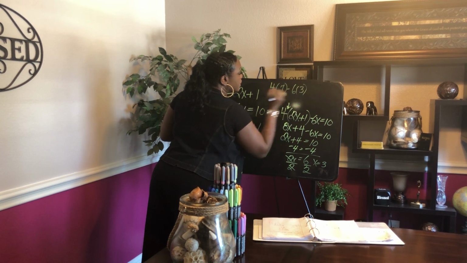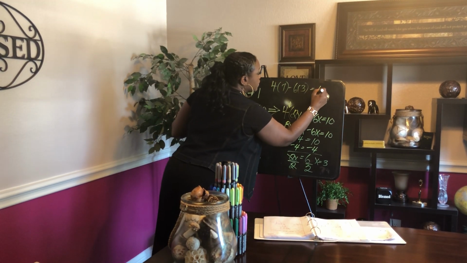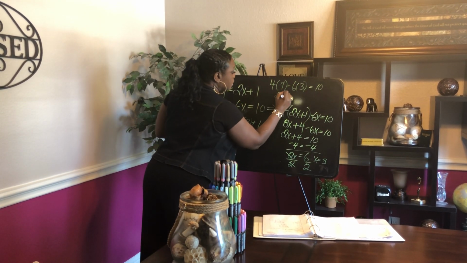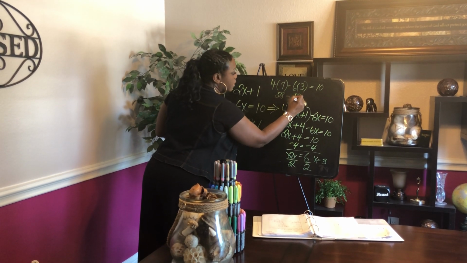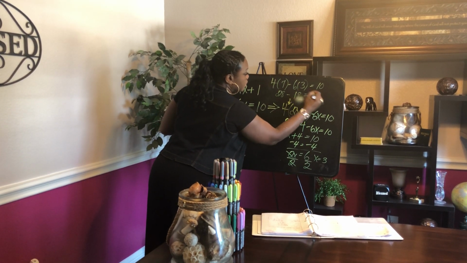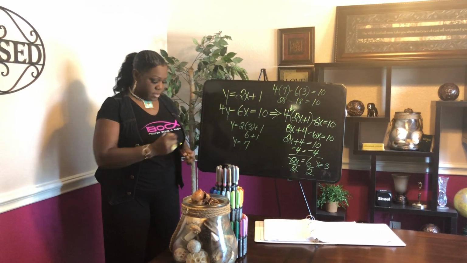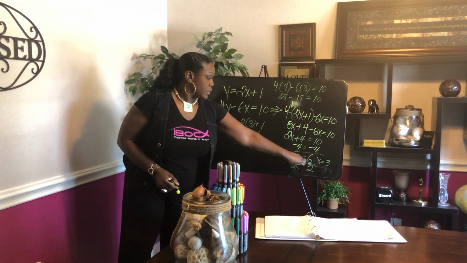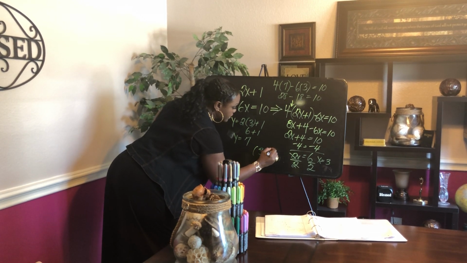Remember, we don't have a symbol of operation. 4 times 7 is 28, minus 6 times 3, which is 18. Your answer is 10. So we know that if we were graphing on a line, your coordinate would look like 3 and 7.